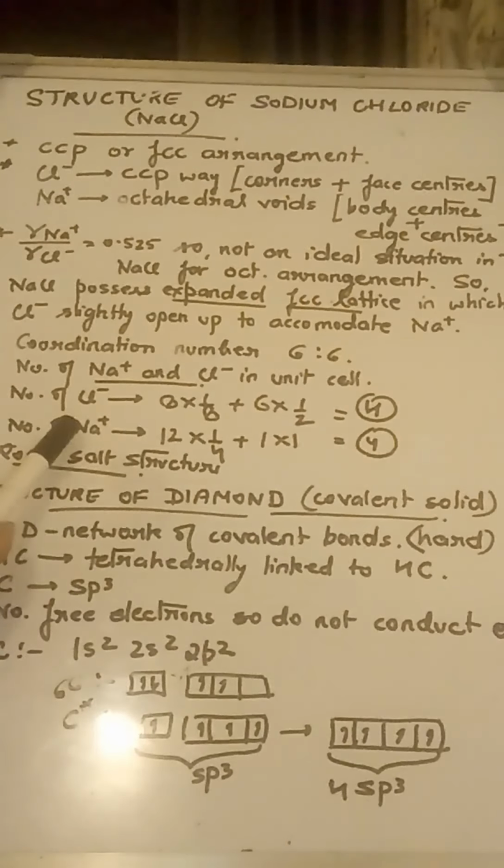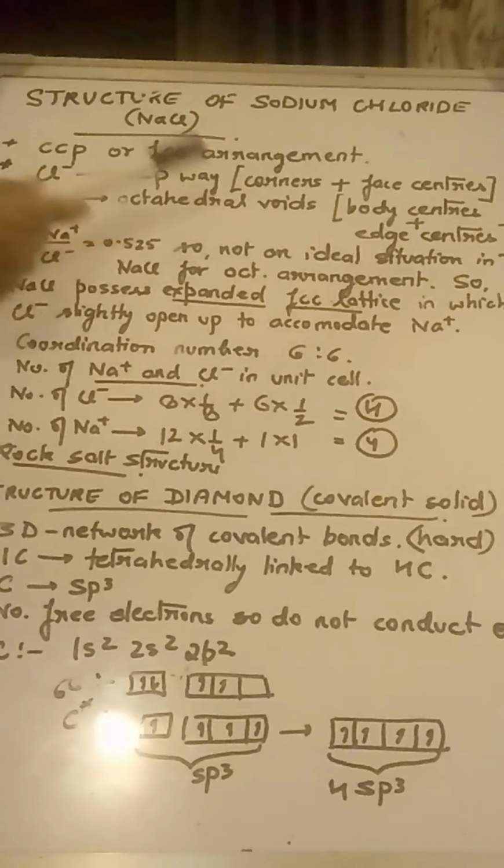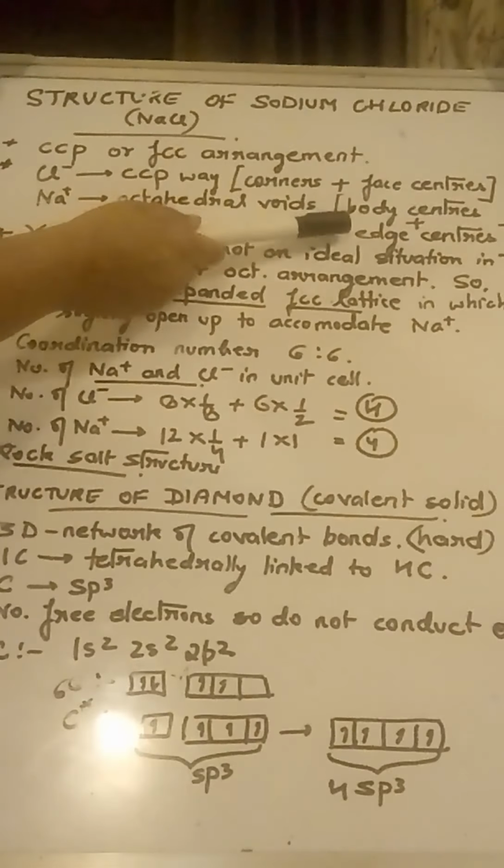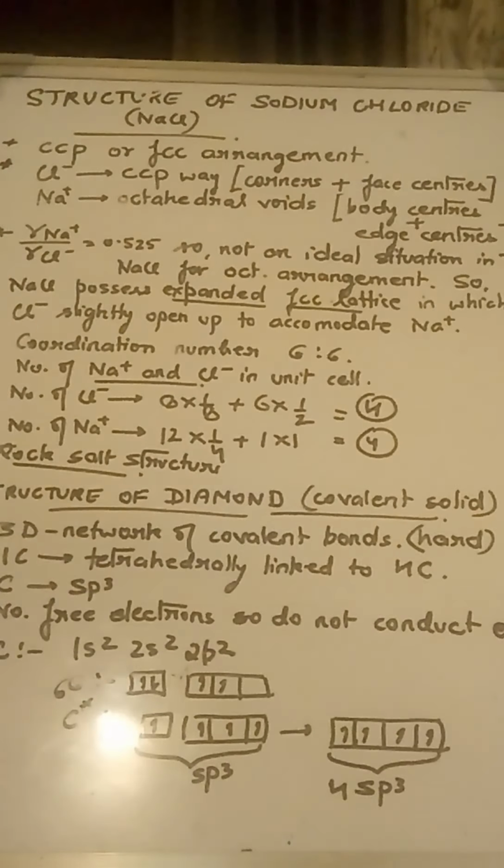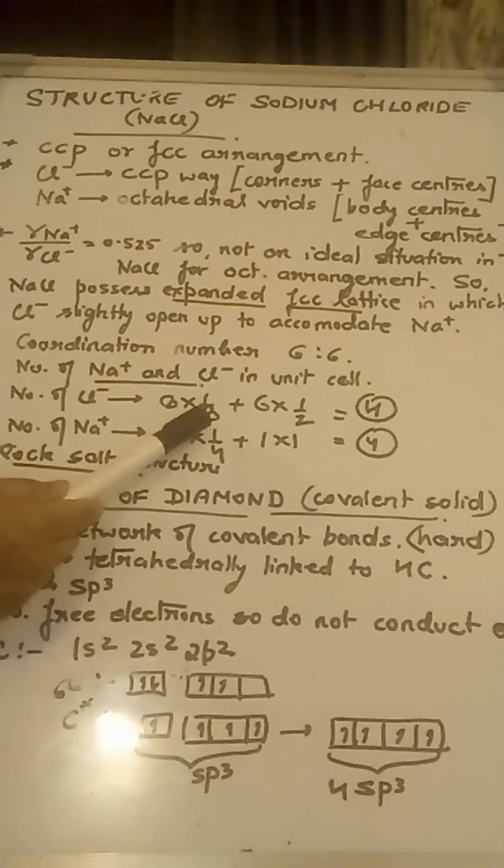While for the number of sodium ions, sodium ions go into octahedral voids, and in that way they come at the body center and at the edge centers. You remember there are 12 edges in a cubic unit cell, right? The contribution of a particle at each edge is 1/4.